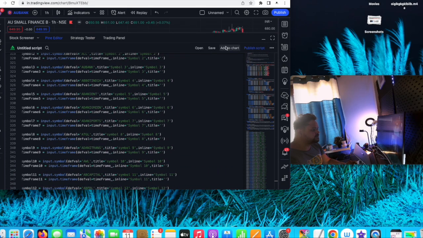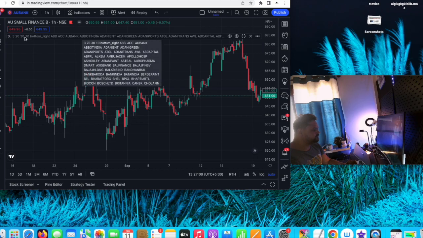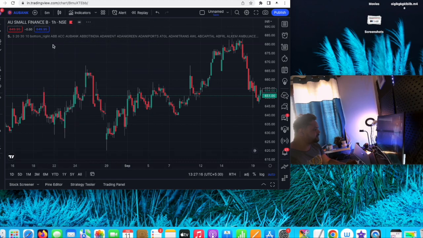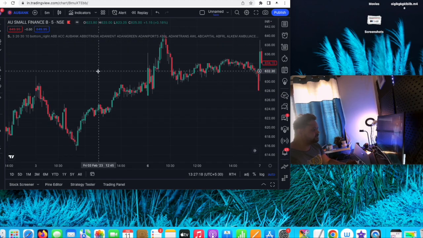Next thing you are going to do is add this particular scanner onto your charts, right? And now this particular scanner is applied on your chart. This will be applied to 1 hour. If you want to see for 5 minutes, that is also fine. Let's wait for the scanner to load because it has around 40 stocks added.